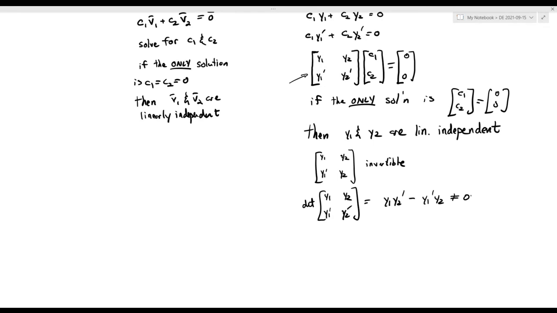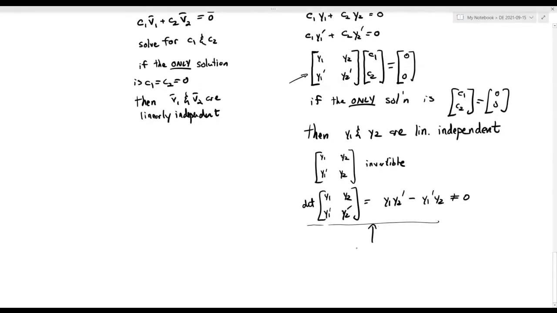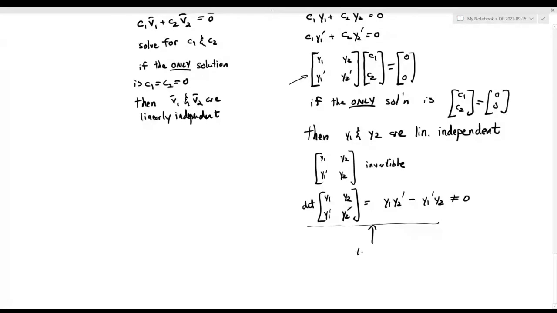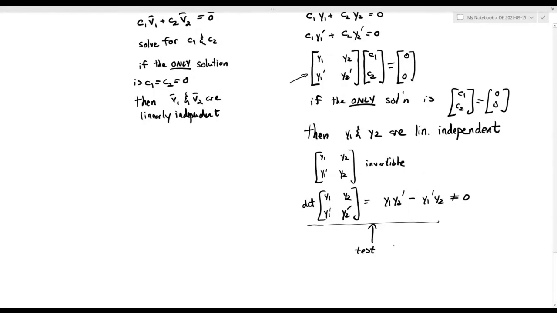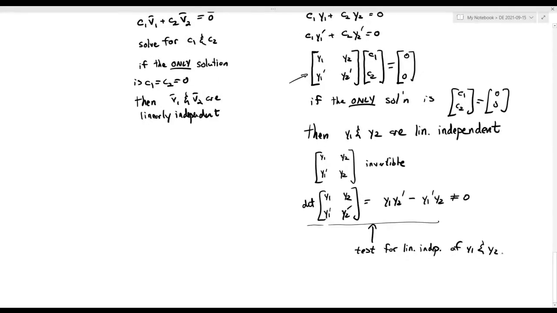Okay. So that's actually going to be our test. This is going to be a way to test whether two functions are linearly independent or not on an interval. Right, so if we compute that determinant and it's non-zero on a given interval, then we know that those two functions, y1 and y2, are linearly independent on that interval.